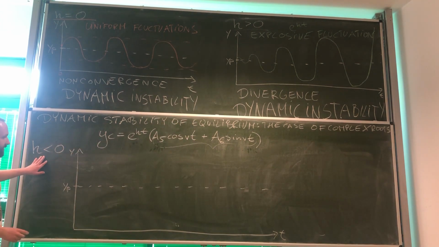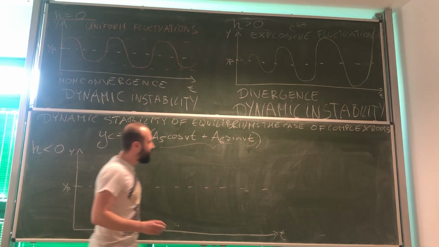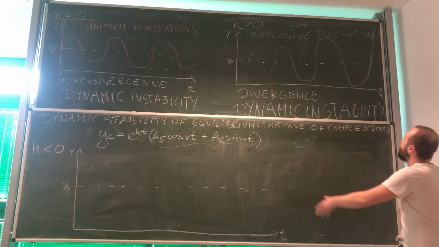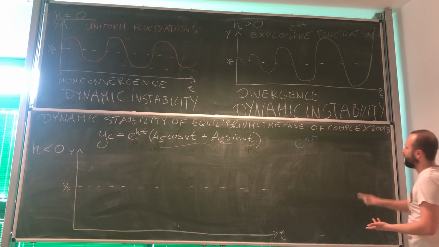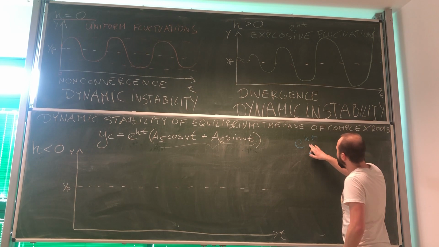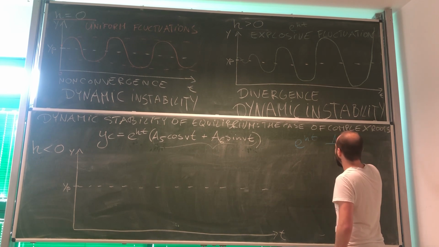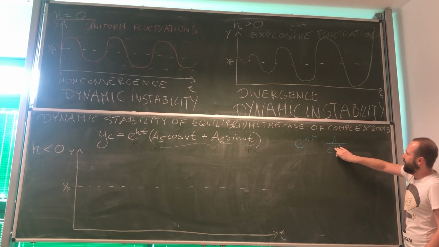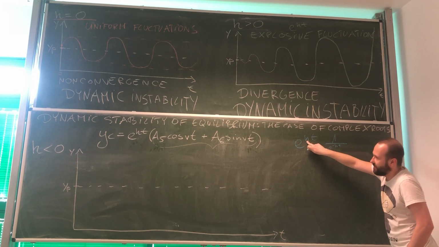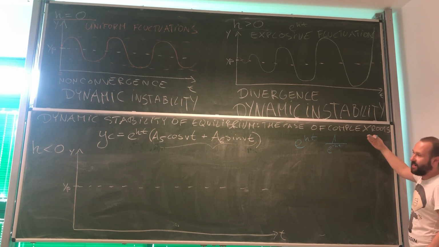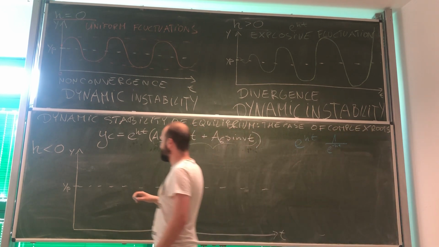Now the expression e to the power ht becomes smaller and smaller as time progresses, right? Because this is the case where we divide 1 by e to the power negative ht. We are assuming that h is negative, so negative ht is positive. So we are dividing by a bigger and bigger number. So it dies out.